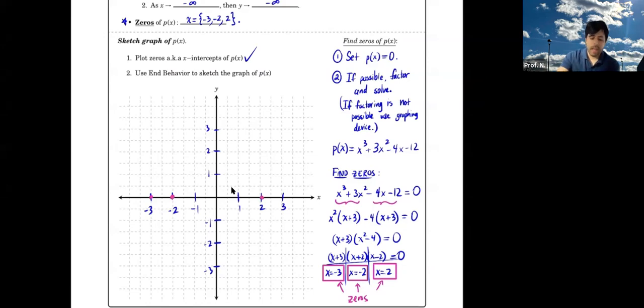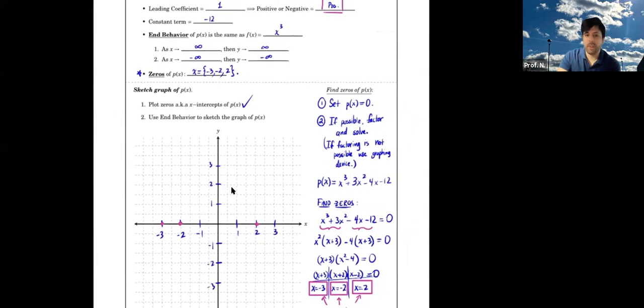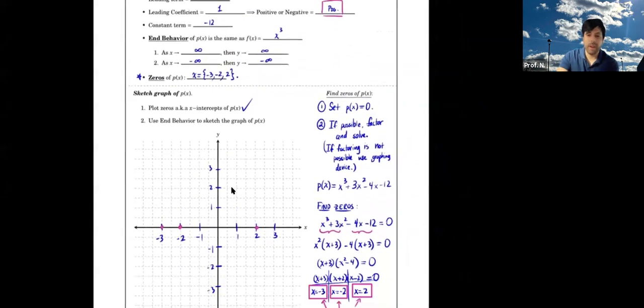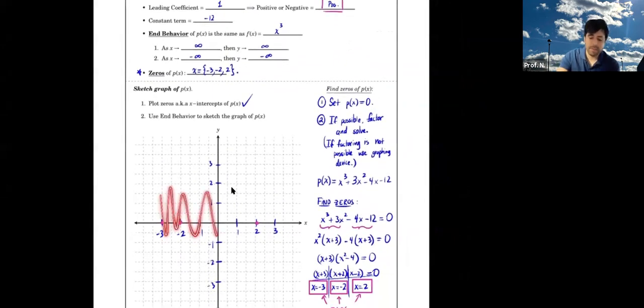Now, how does end behavior fit in all of this? Well, end behavior is going to tell us that no matter what happens in the middle, what do we know for a fact? As x goes to infinity, y goes to infinity. As x goes to negative infinity, y goes to negative infinity.